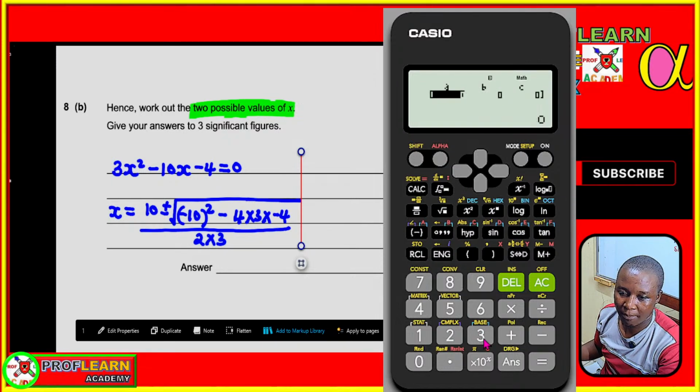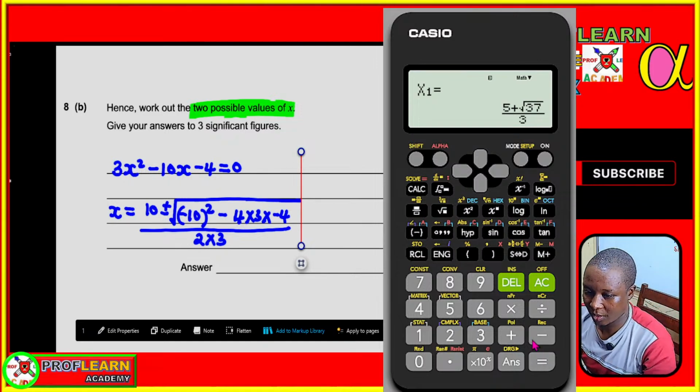Then I'll choose number 3. So the first coefficient is 3, the second is -10, the last one is -4. So if I do the equation now, X is going to be equals to that.